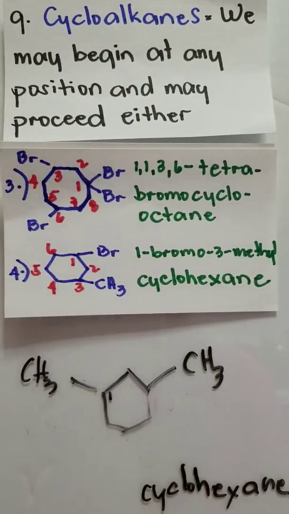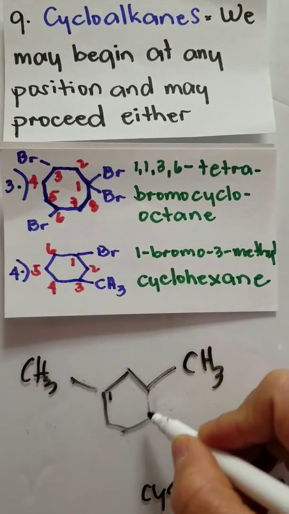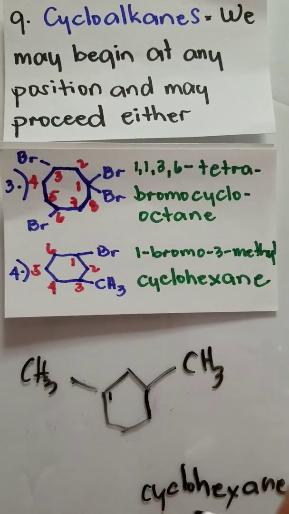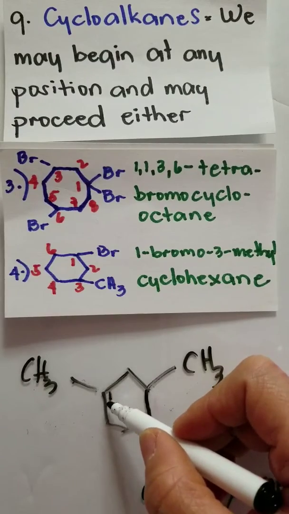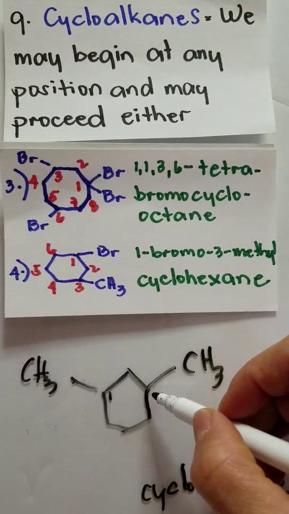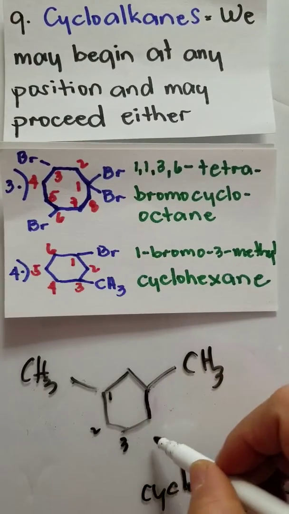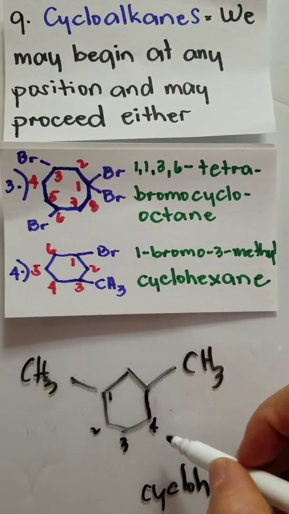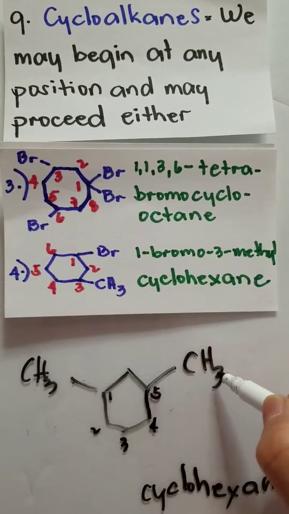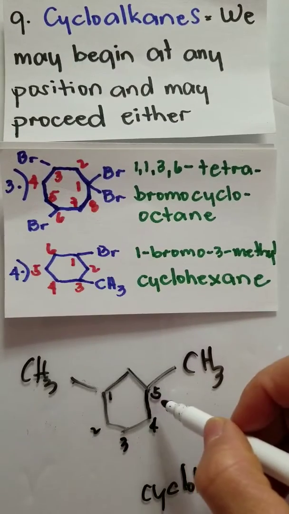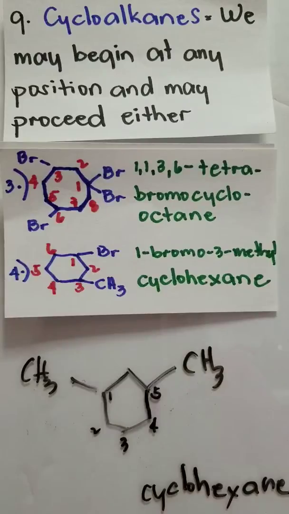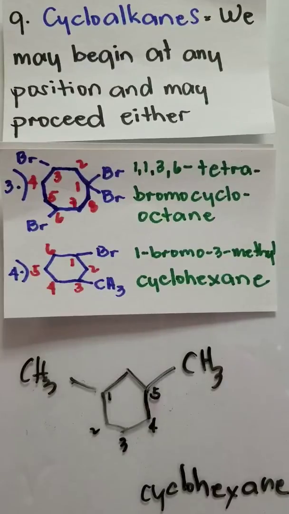And how are we going to do that? Check all directions. If we go clockwise, this would be your second carbon atom, third carbon atom for that corner, and this is your fourth carbon atom, and this one where your second methyl group is attached becomes the fifth carbon atom. So your second methyl group is attached to the fifth carbon atom.